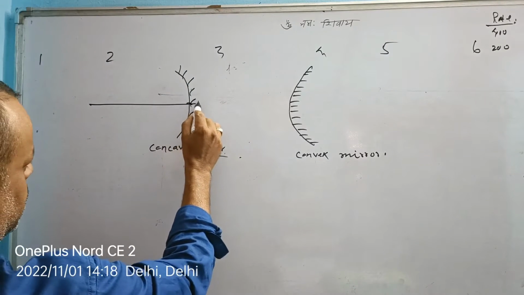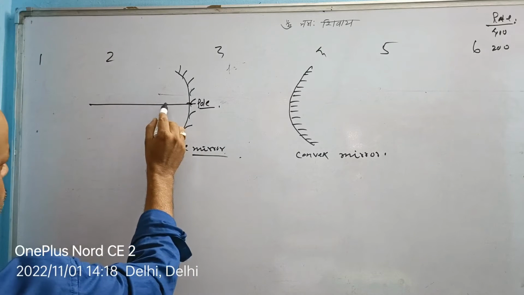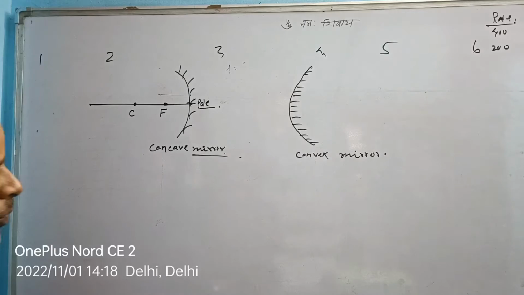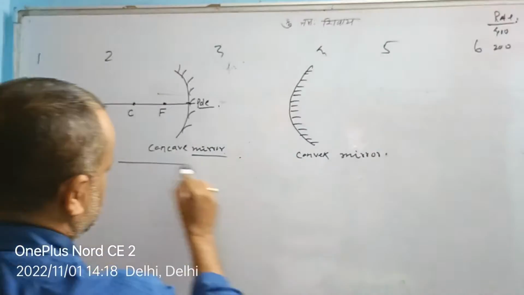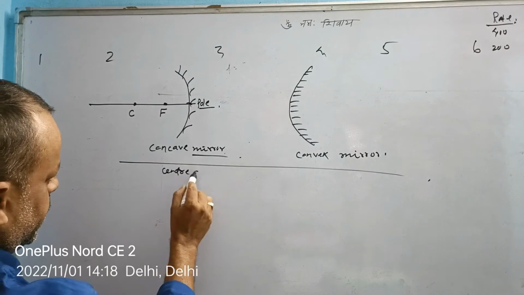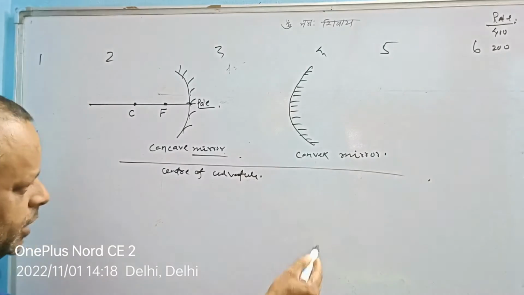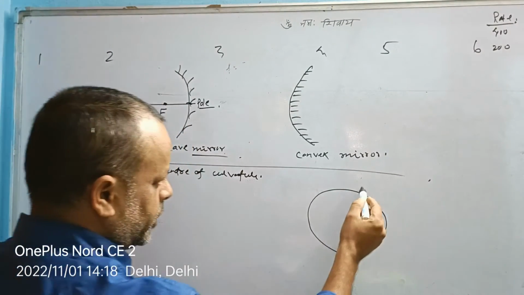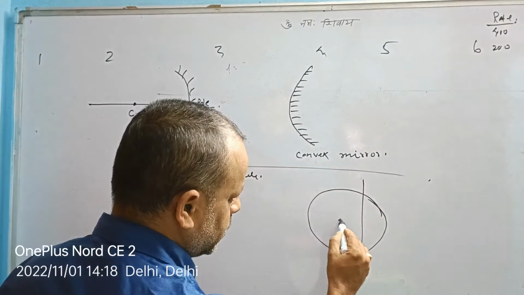This is basically the pole, the midpoint of the mirror. Then there comes the focus. Then we have the center of curvature. What is the center of curvature? Let us suppose we have a ball like this. From this we cut out this part of the sphere.